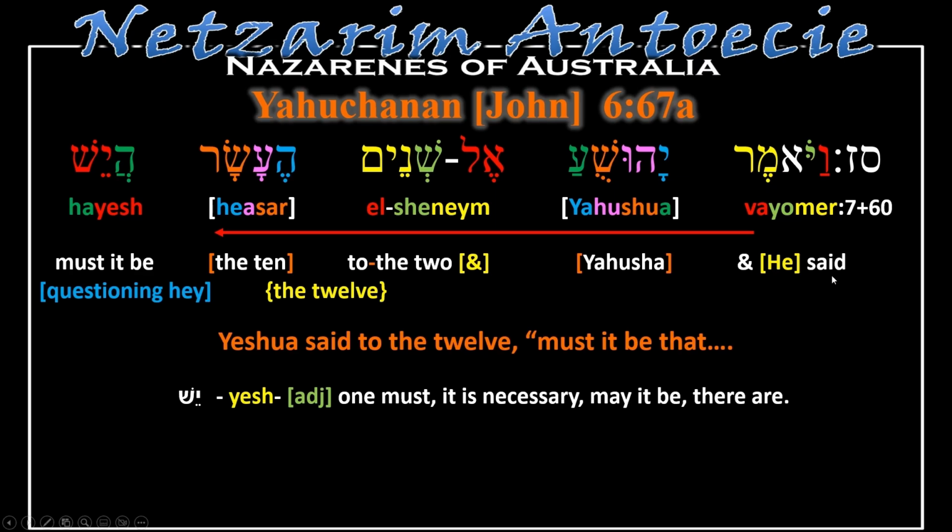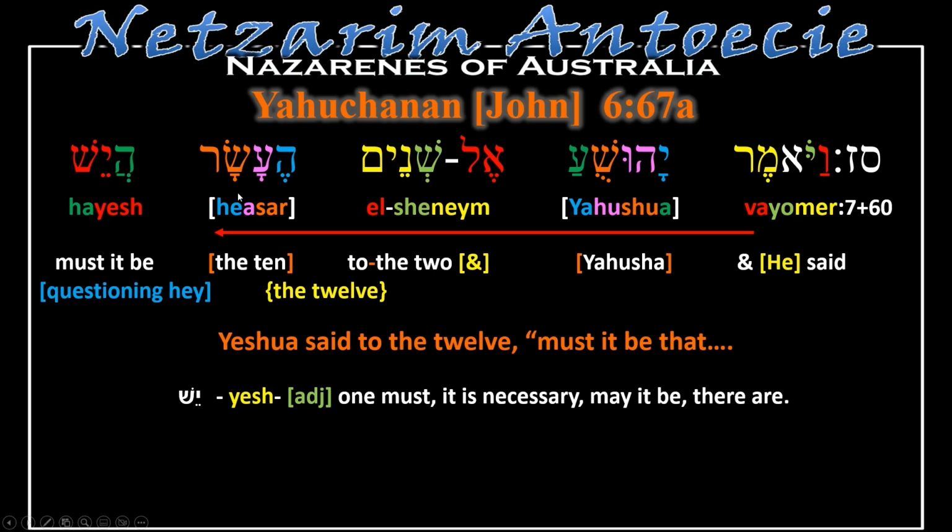Va-yo-mer, and he said. Why is it he? Because there's no pronoun. And that tells us that we can use he. And then who is he? Yahushua or Yahusha, or of course in modern Hebrew it's Yeshua. L'shneim, meaning to the two, and I've just added a vowel to read it easier.